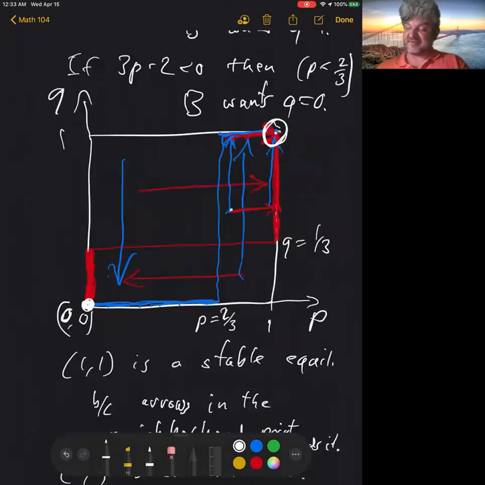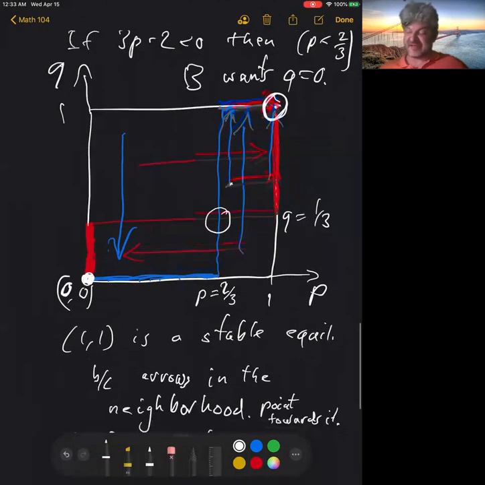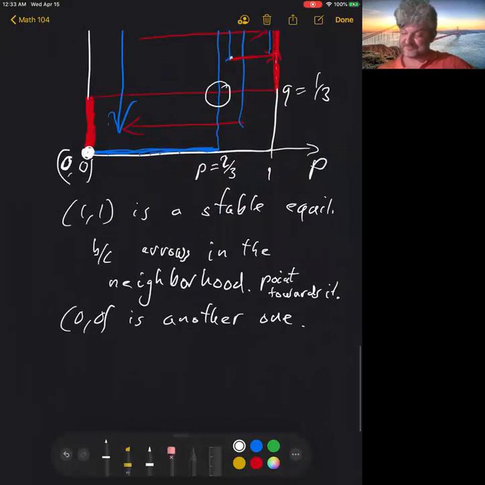This one always happens when the two lines where the decisions do not matter intersect. There we have an unstable equilibrium. So this is the point 2/3, 1/3. This is an unstable equilibrium.